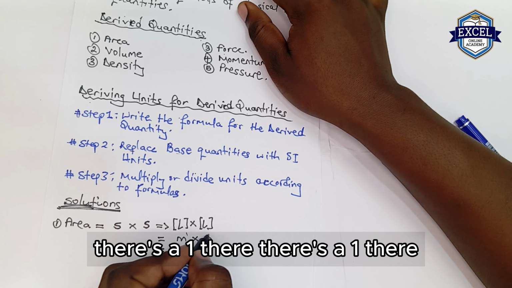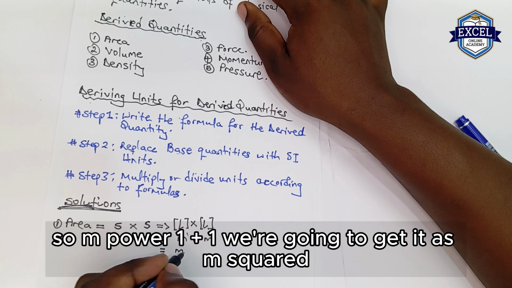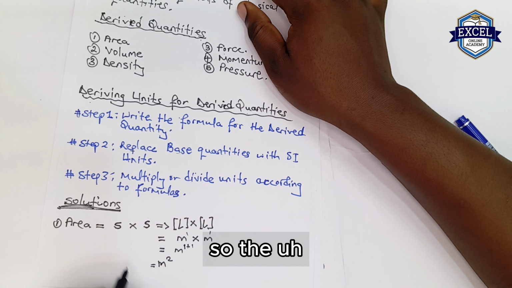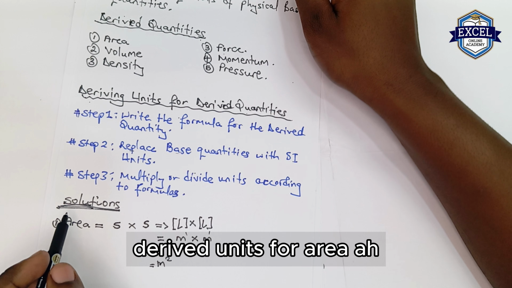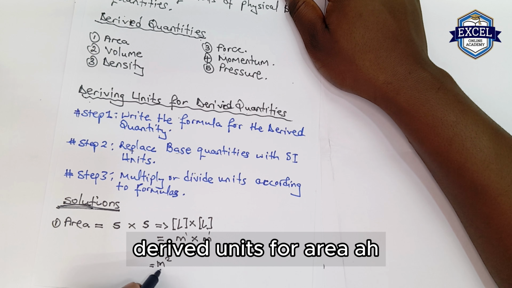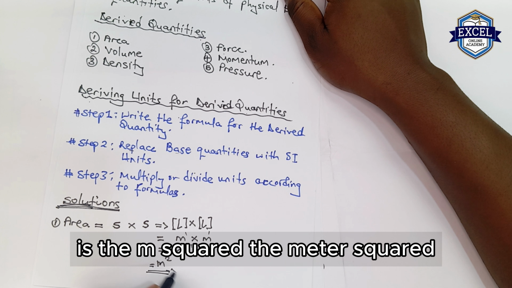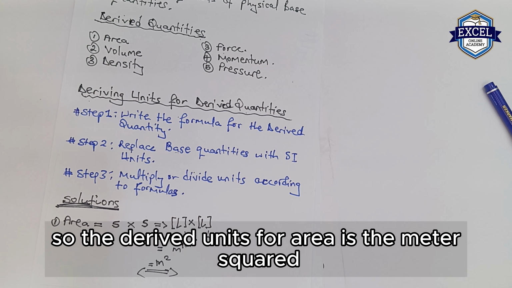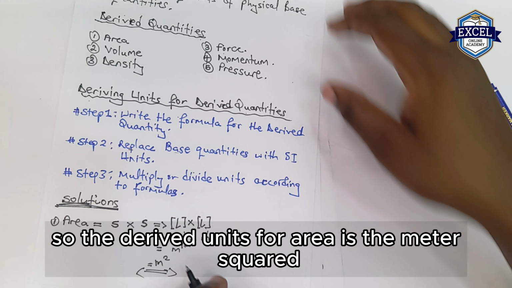There's a 1 there, so m to the power 1 plus 1, we get m squared. So the derived unit for area is the meter squared. This is how we get our answer.